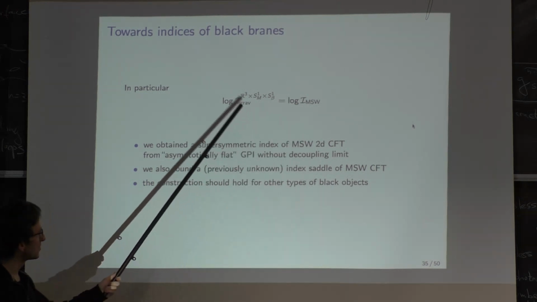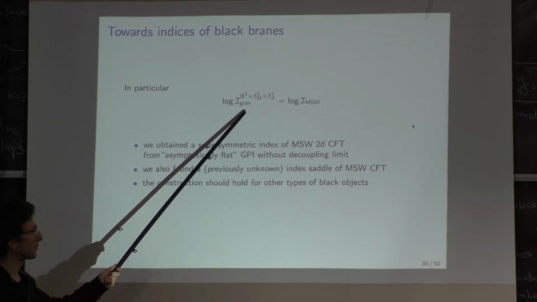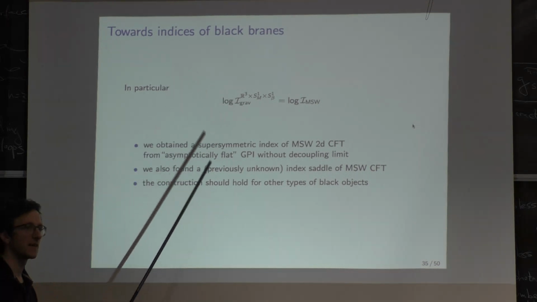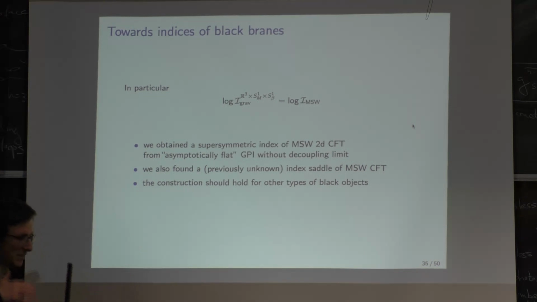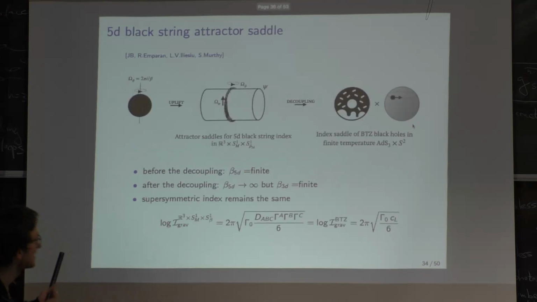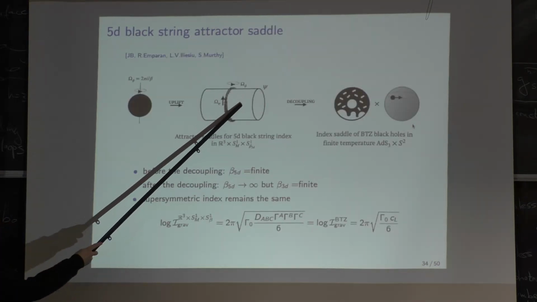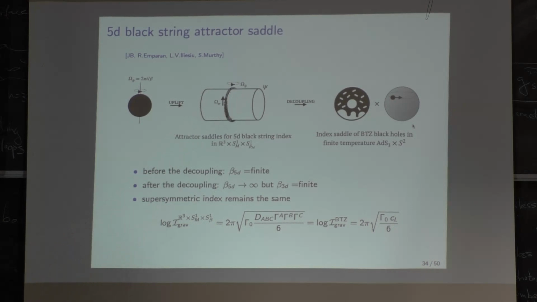And this answer matches the answer that you would compute from gravity from the 5-dimensional perspective. So not from the 5-dimensional perspective, but also asymptotically flat. So this is this saddle. This is a black string saddle that essentially rotates in 2 different directions with imaginary value of angular velocity.